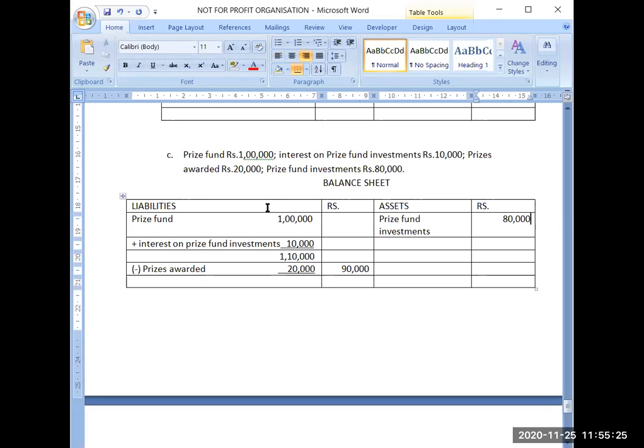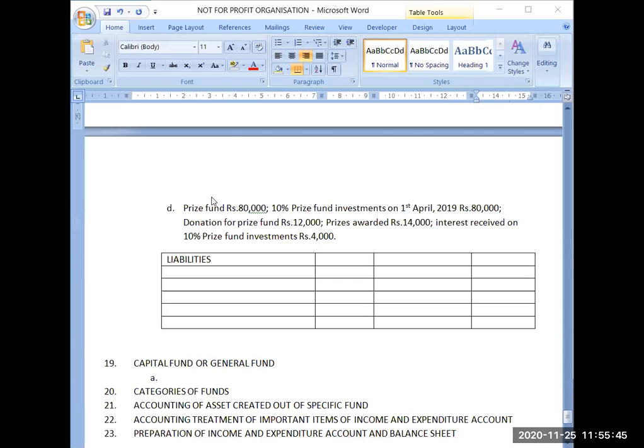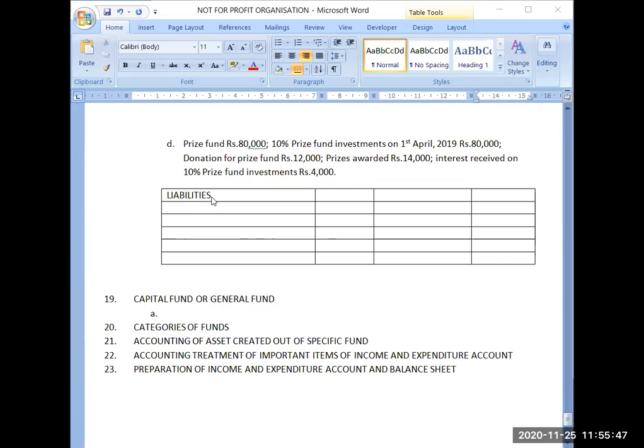So this way we will present the information for the various funds. The incomes will be added and expenses will be deducted. If you have any query, please ask. And if it is clear, let me know whether you are clear about fund-based accounting now. Okay, now the same is the case here also.